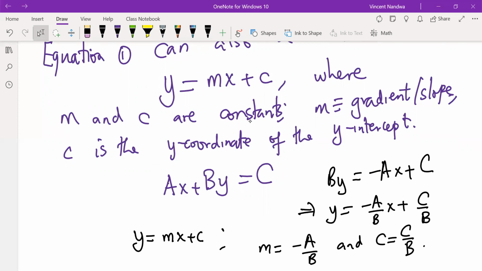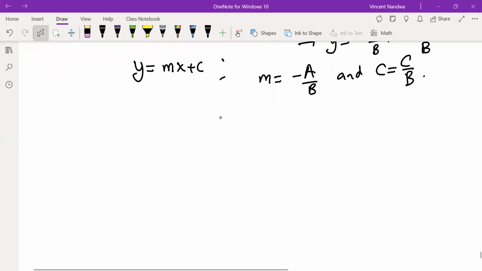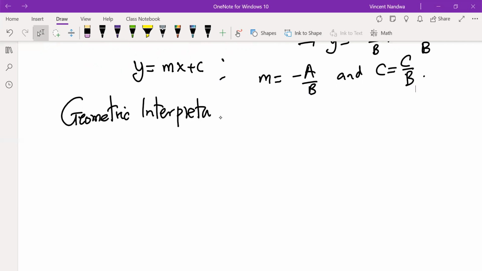Now, the geometric interpretation of slope and line.